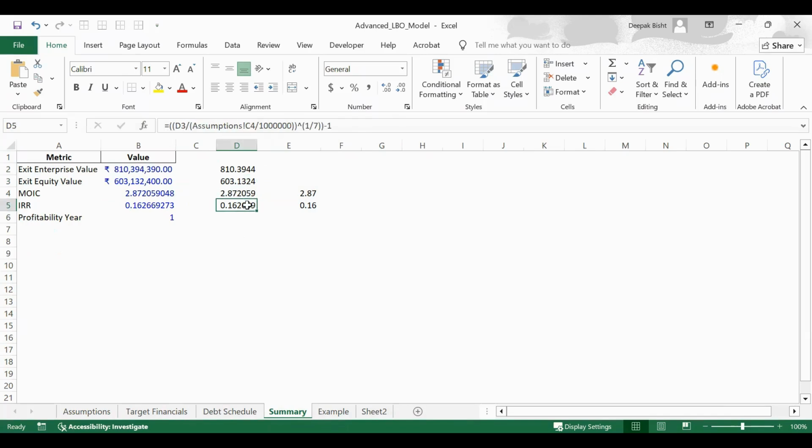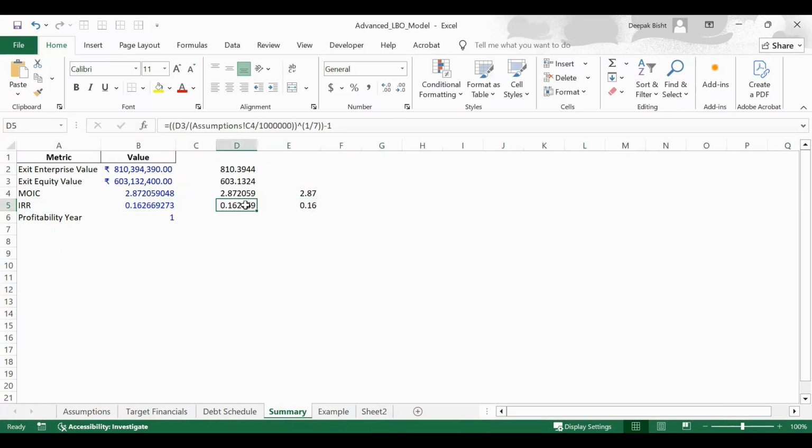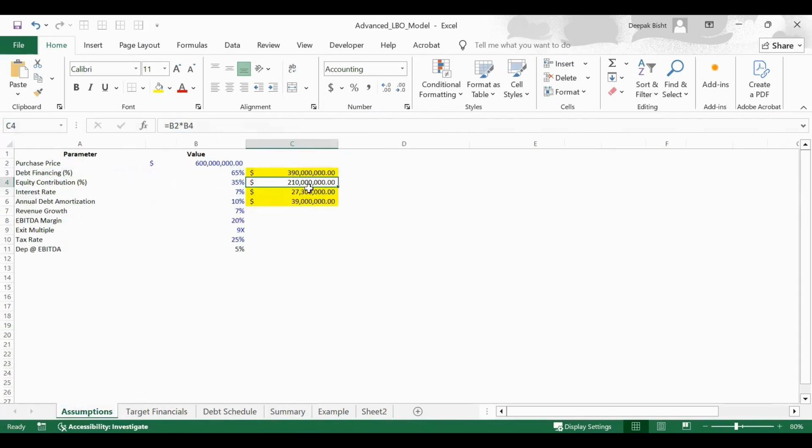And if we were to assume how much was the internal rate of return, which is an annualized rate of return, this is a multiple and this is a return. This is going to be a percentage, 16 percent, and 2.87 is the multiple over 5 years. So we invested 210 and the rest of the money was taken as a loan.